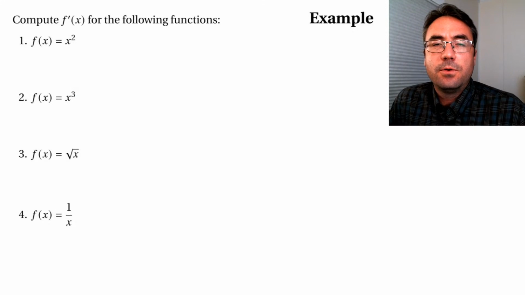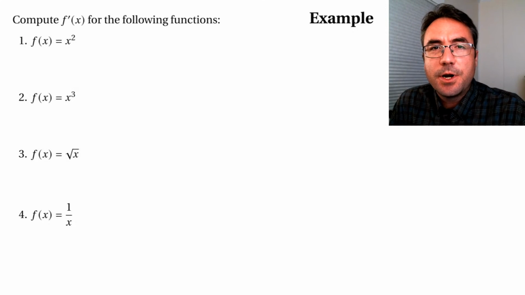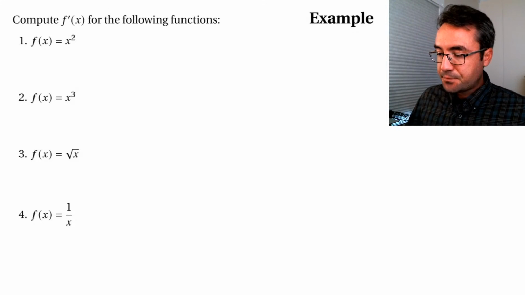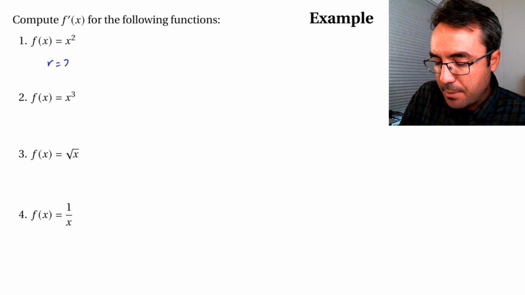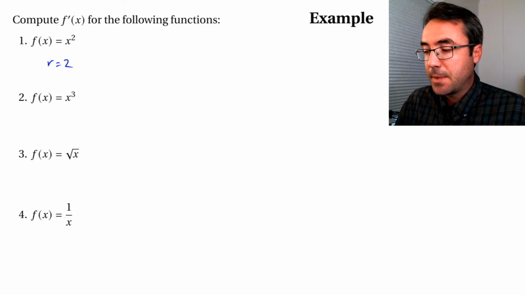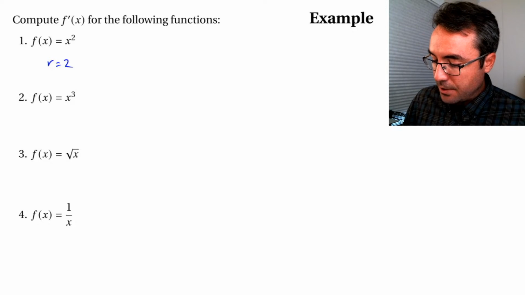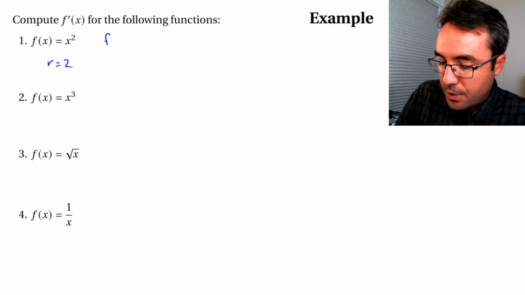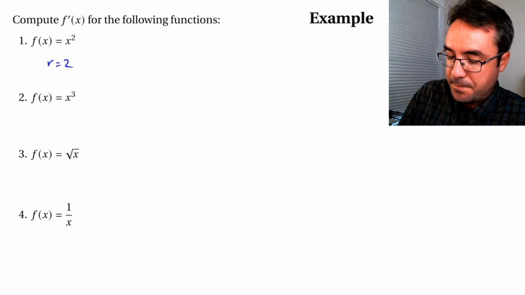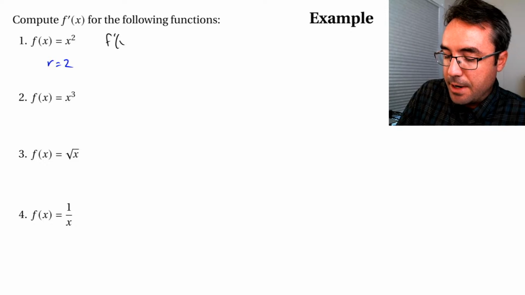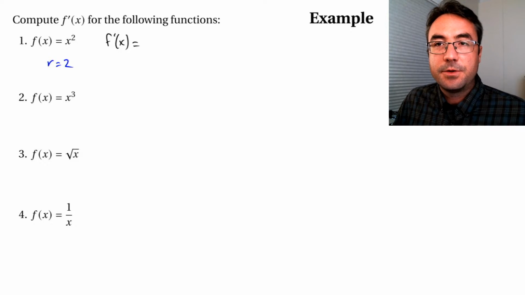All right, so we've looked at the function x squared before, and let's see how the power rule looks when we apply it. So first, we notice here our exponent is a number, and it's 2. And so when we go to do f prime, how does this work?